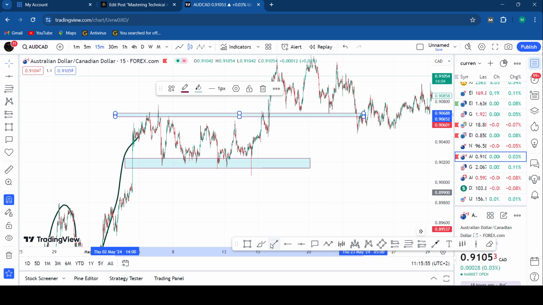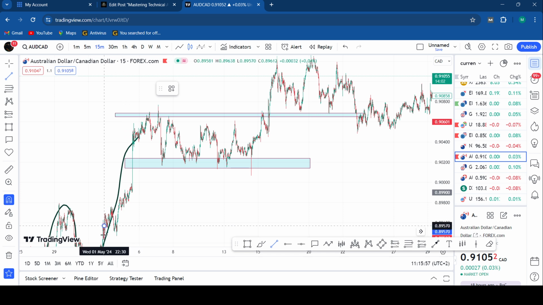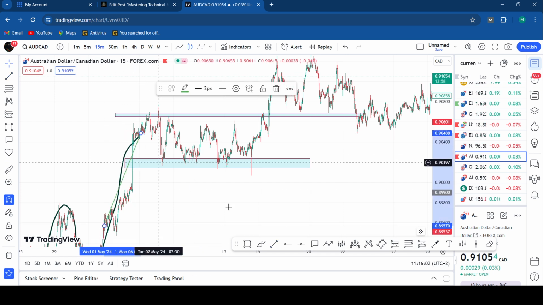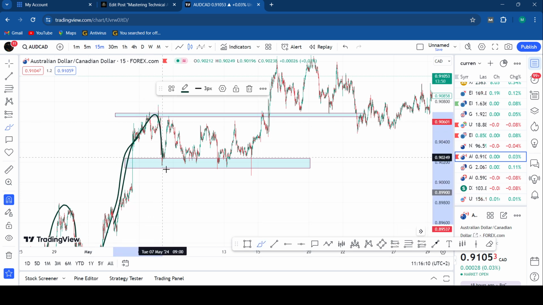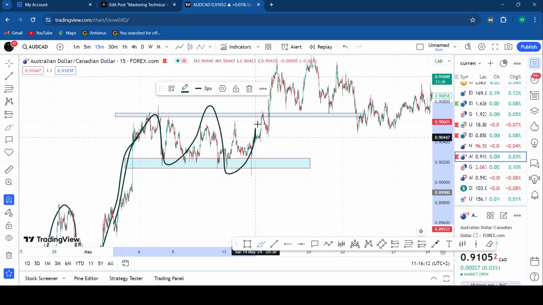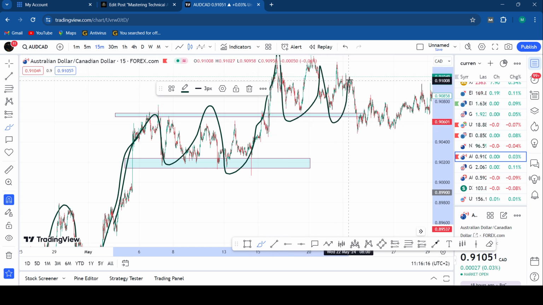Then the market created impulses, right? We had impulses to the upside, like I illustrated with my black brush stroke. So we had impulses to the upside, then the market corrected, then we had impulses, correction here.